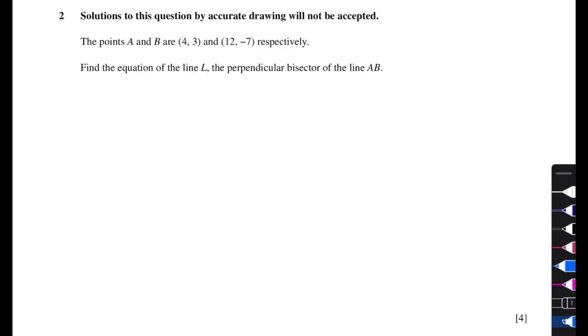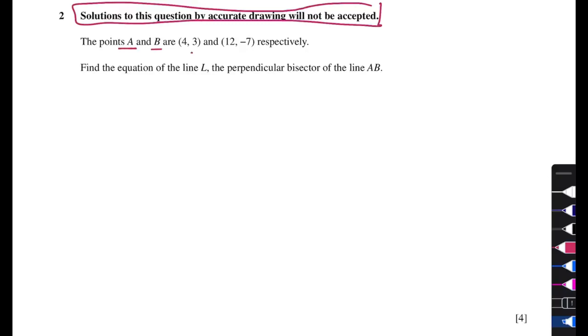Okay, question 2 says that, you see, this is really important. You do not want to do accurate drawing here. They want you to solve the thing, okay, to get the answer that they want. Now it says that the points A and B, these are the coordinates. So we should do what?